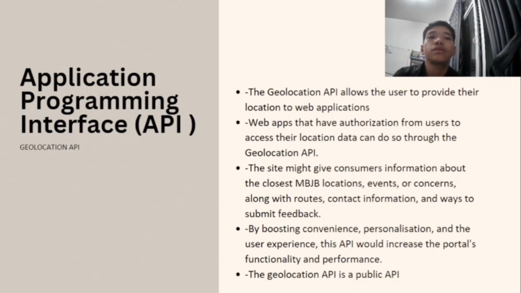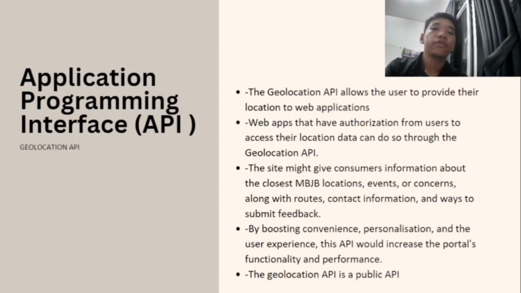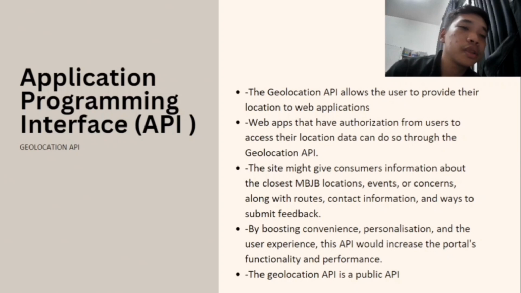Web apps that have authorization from users to access geolocation data can do so through the geolocation API. The site might give consumers information about the closest MBJB locations, events, and concerns along with routes, contact information, and ways to submit feedback. By boosting convenience, personalization, and users' experience, this API will increase the portal functionality and performance. The geolocation API is a public API.